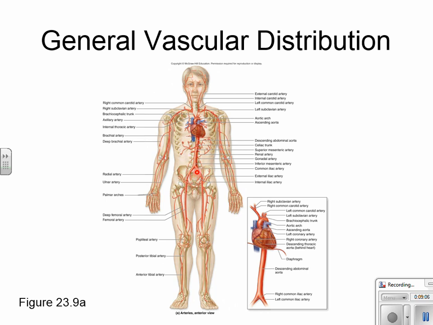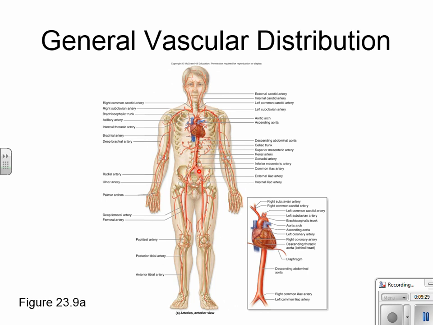So I'll tell you what, we'll repeat this when we see better pictures. But so the abdominal aorta bifurcates into the common iliacs. Guys, remember your ilium is that hip bone. So as soon as the abdominal aorta bifurcates, we have a right and a left common iliac artery.